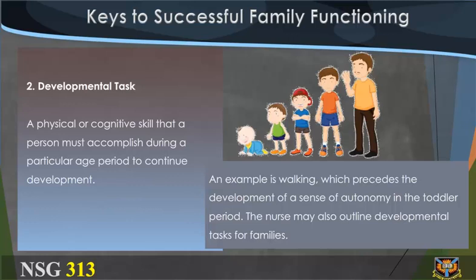A physical or cognitive skill that a person must accomplish during a particular age period to continue development. An example is walking, which precedes the development of a sense of autonomy in the toddler period. The nurse may also outline developmental tasks for families.